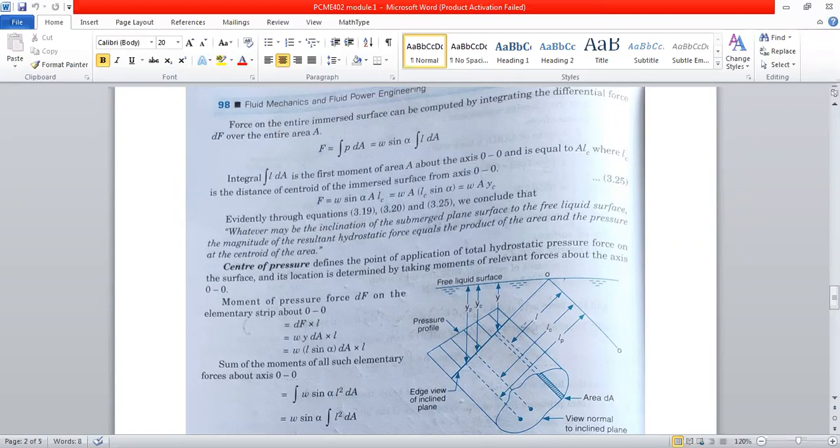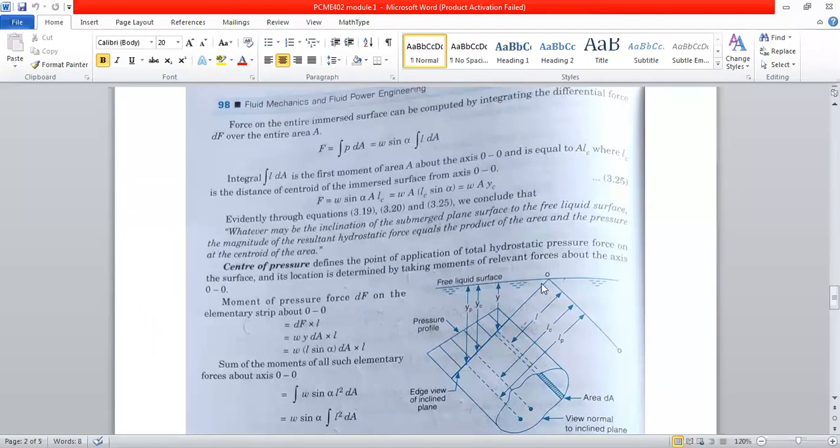So we have to find the center of pressure. It defines the point of application of the total hydrostatic pressure force on the surface, and its location is determined by taking moment of the relevant force about the axis O-O.